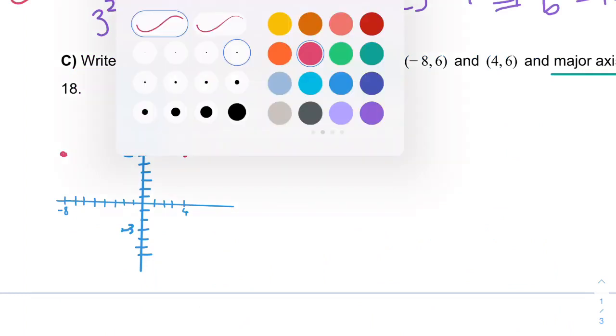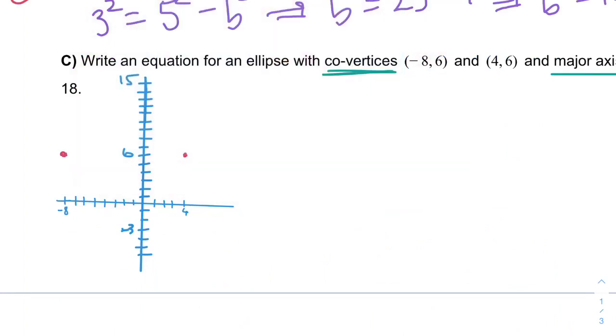Alright, so for this next problem, we are given the covertices, which I've gone ahead and plotted. If the covertices are horizontal like this, I automatically know that this is going to be a vertical ellipse, because that means our longer side is going to be along the y-axis.